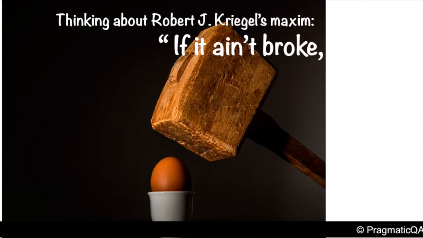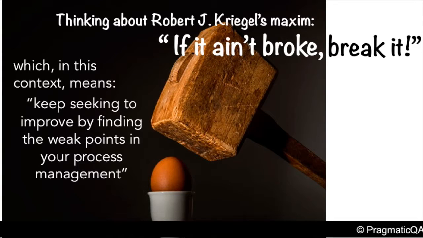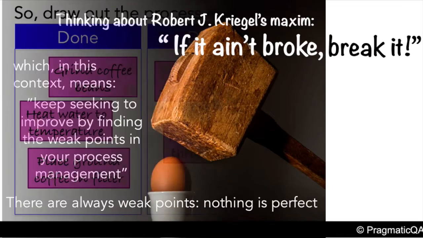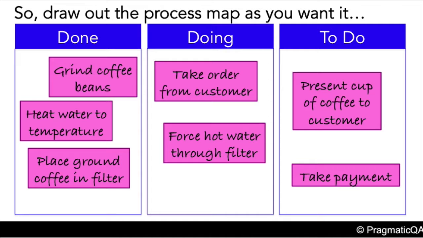But let's think about Robert Kriegel's maxim: if it ain't broke, break it. This means, in this context, keep seeking to improve by finding the weak points in your process management. There are always weak points in process management. Nothing is perfect. So let's draw out the process map as we would want it.